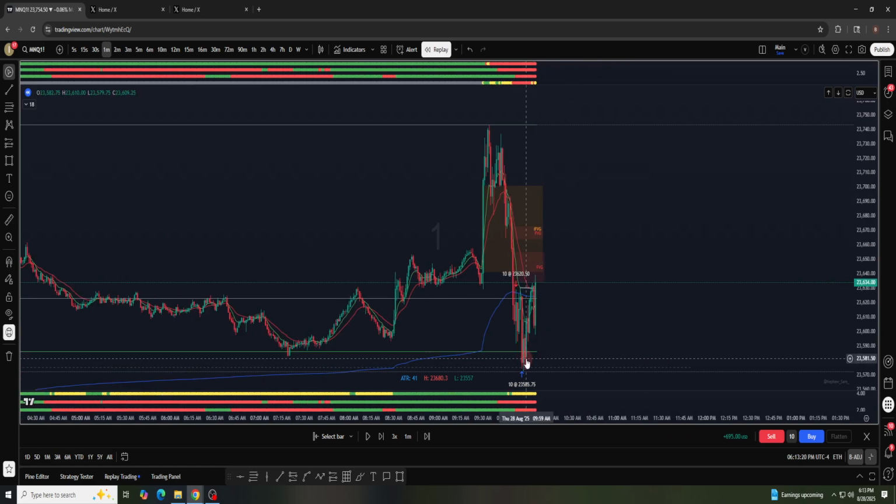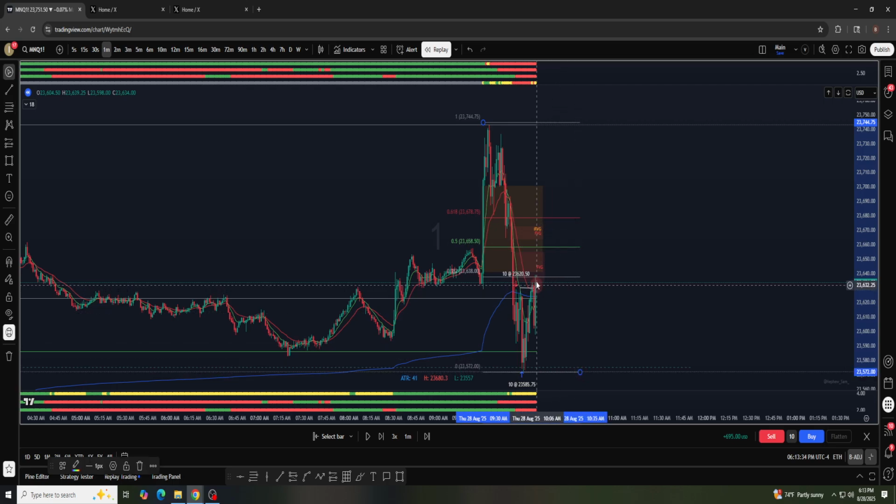That's why I would not have taken this one dot entry function when it presented itself. Then I got long around here, and I was just targeting, again, 50%. I think I had like a 40-point move, from like here to here.